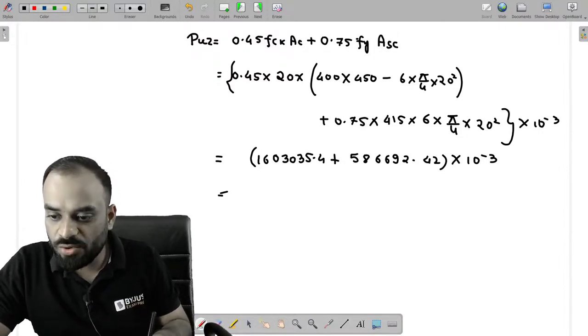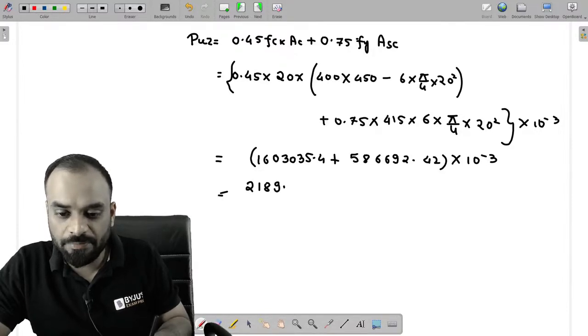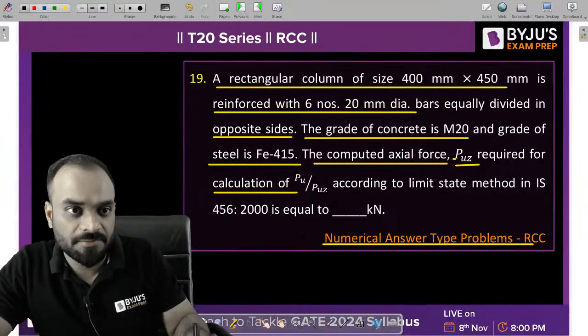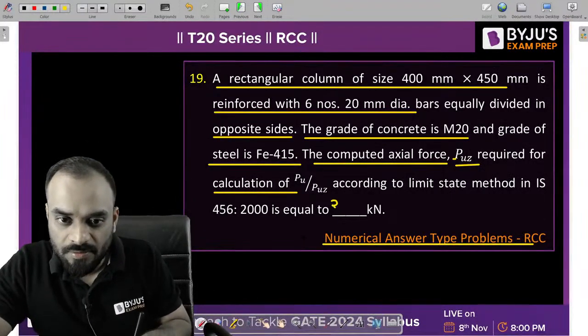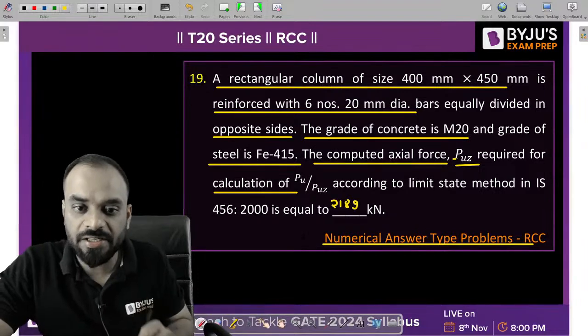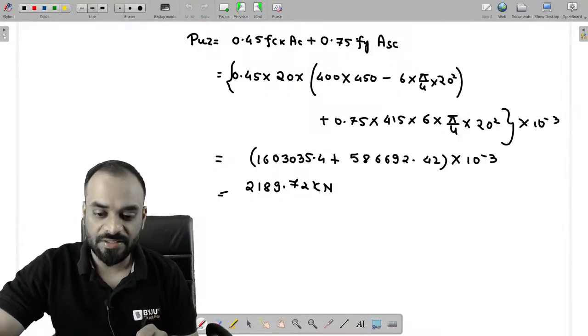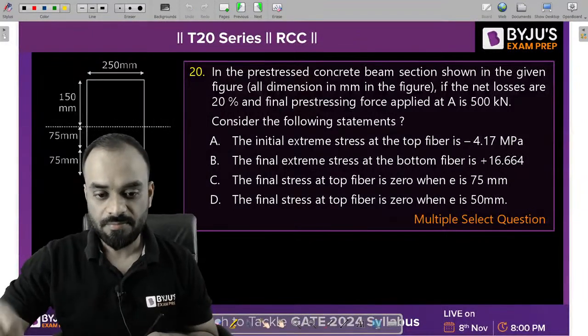So we are getting a value of 2189.72 kilonewton, and this will be the answer. 2189 kilonewton. Crystal clear? Now let's face the last question of the session.